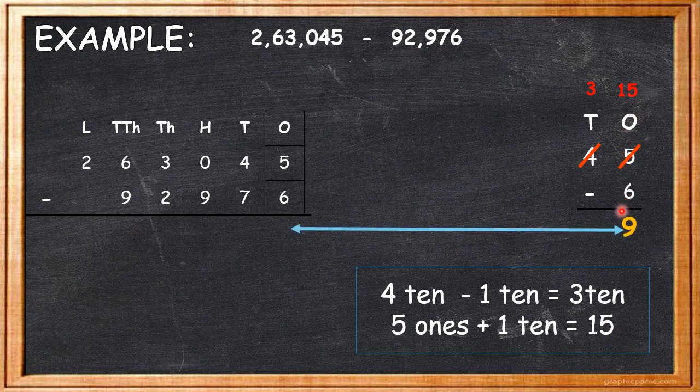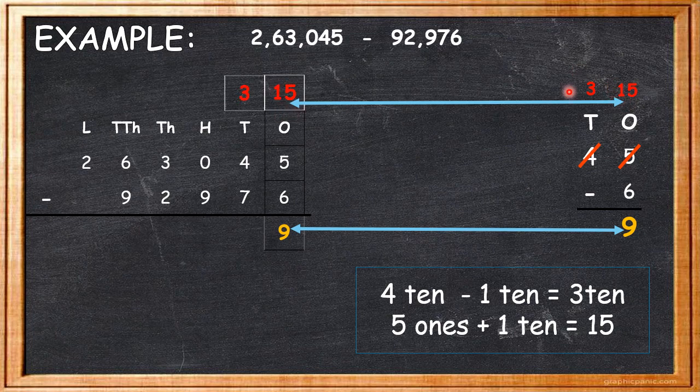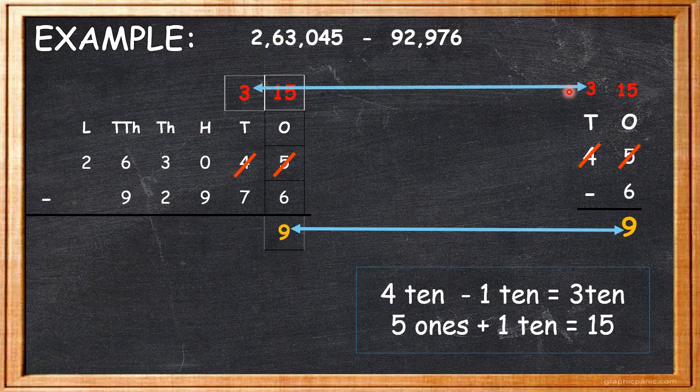And this 9 we will be writing here in the ones column. And this 15 I'll be writing here on the top of the ones column, and this 3 I'll be copying here on the top of the tens column. Is it clear, children?